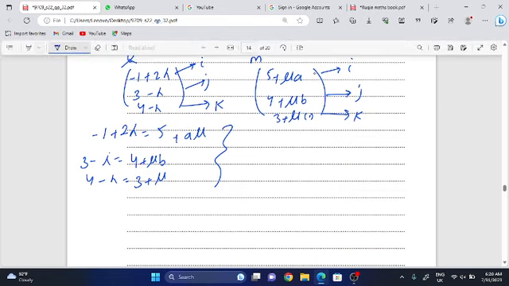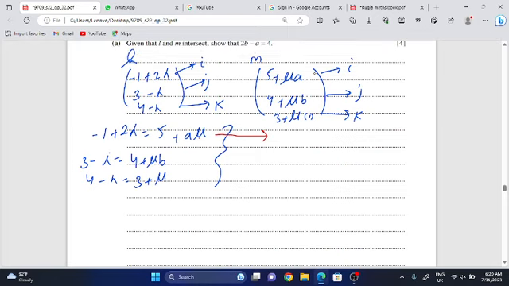The first equation can be simplified as 2 lambda minus a times mu equals 5, and 1 is shifted to the other side, that gives me 6, since 5 plus 1 is 6. The second equation gives me minus lambda minus b times mu; shifting, this equals 4 minus 3, which gives me 1.